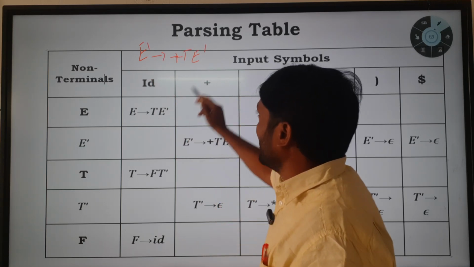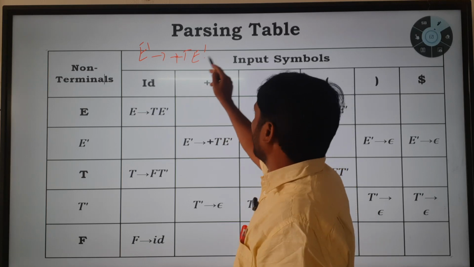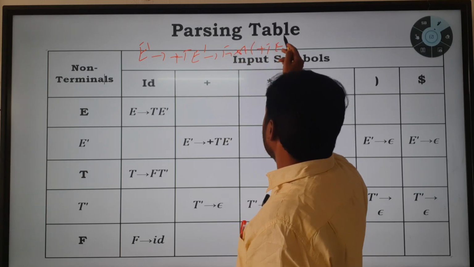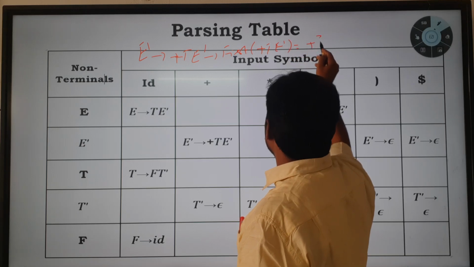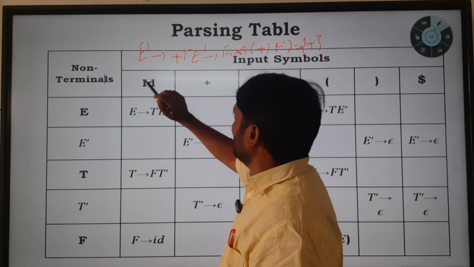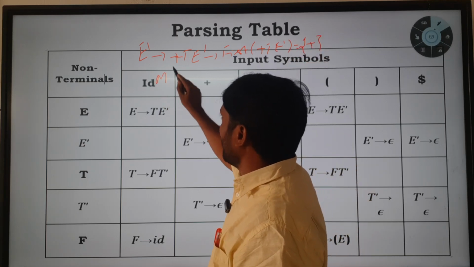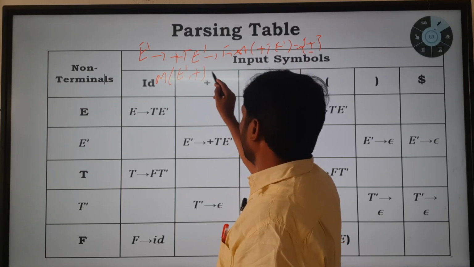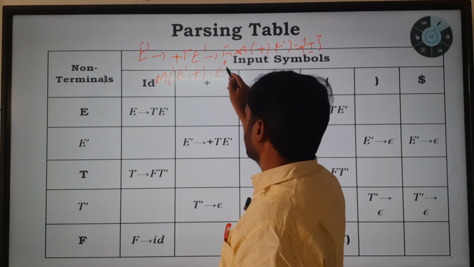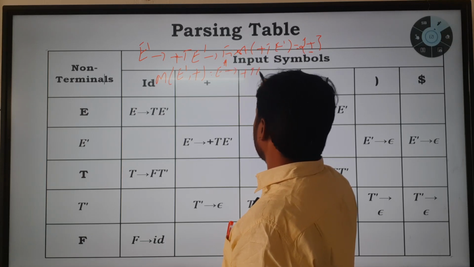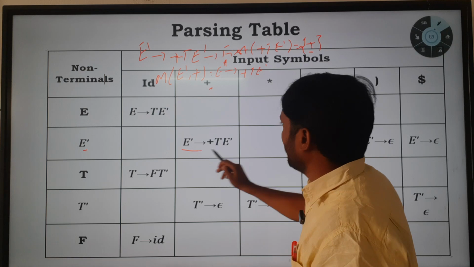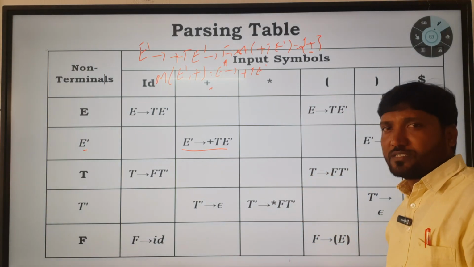If you calculate first of plus T E dash, it equals plus. That means we create the entry M of E dash comma plus filled with E dash derives plus T E dash.